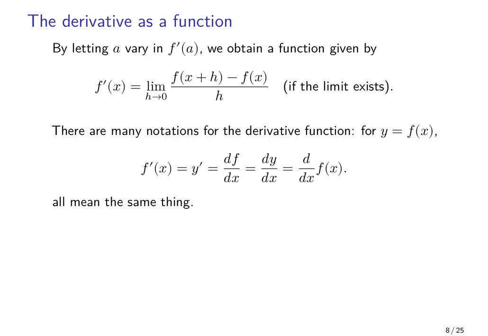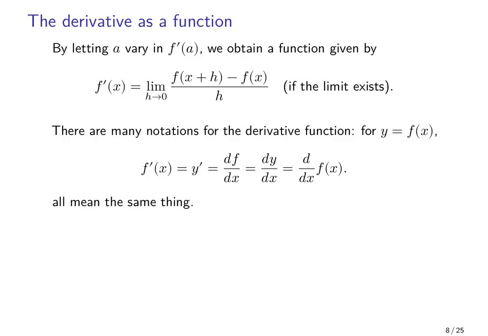Now, moving on, we can consider the derivative as a function. So we said the derivative at x equal to a, but now we can see a as an argument of the derivative function. So we can let a vary. And if we let things vary, then we want to reflect that in the notation.